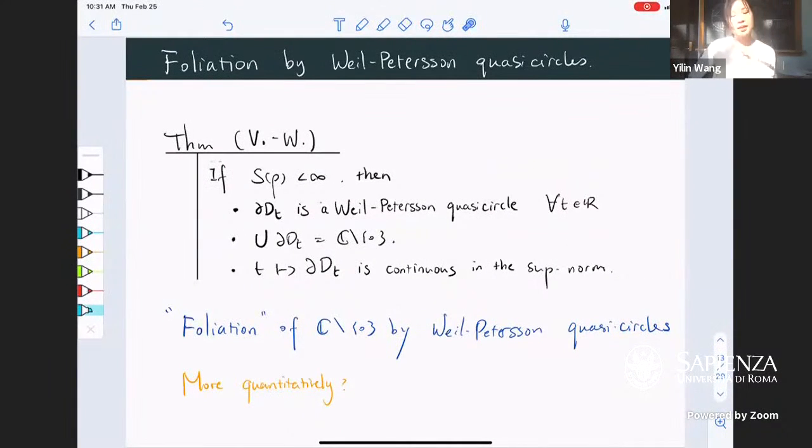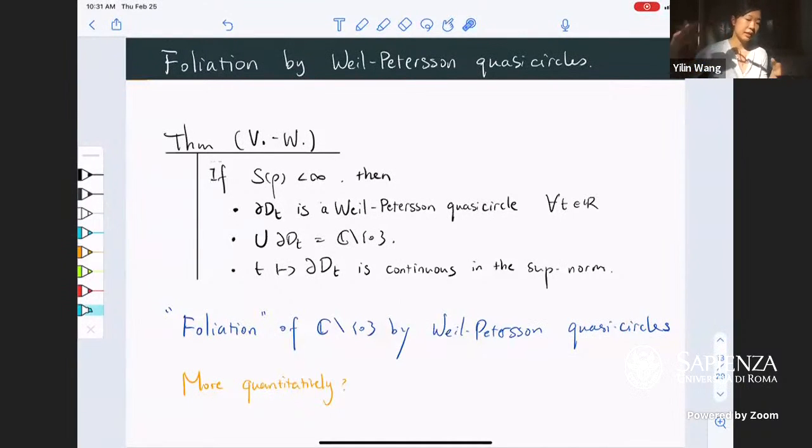All right, in this whole plane setup, the first result I proved with Friedrich is this qualitative description about the Loewner chain driven by a finite Loewner-Kufarev energy measure. So if this energy is finite, then all the boundaries of these domains D_t are Weil-Petersson quasicircles, no exception, for all t.